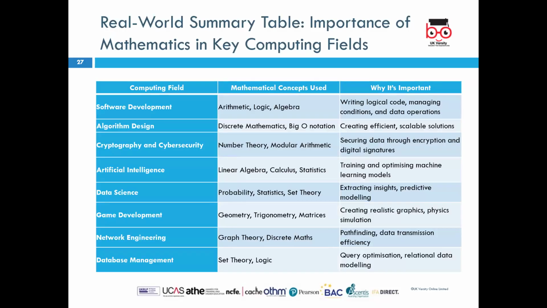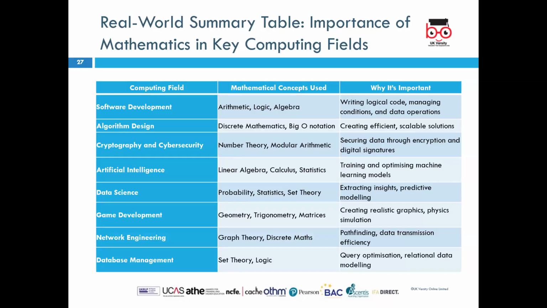Algorithm design: the concepts used are discrete mathematics and big O notation, and it's important for creating efficient and scalable solutions. Cryptography and cybersecurity use concepts such as number theory and modular arithmetic, and the goal is securing data through encryption and digital signatures.